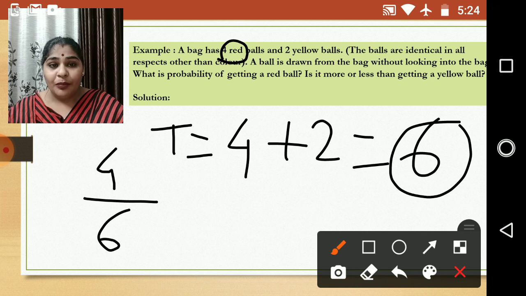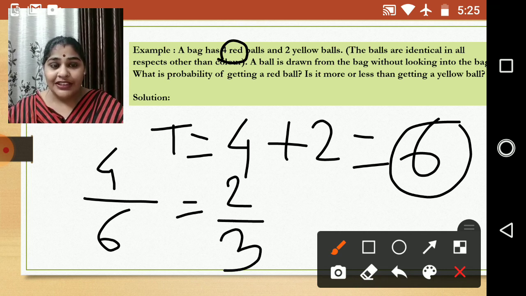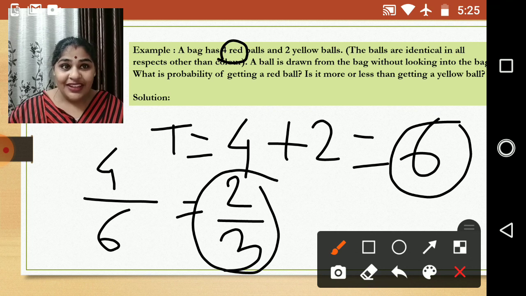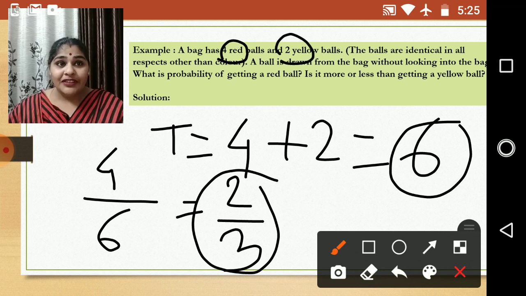So 4 upon 6, which is nothing but 2 upon 3 when we bring it into the lowest term. So this is the probability of getting a red ball. Okay, and is it more or less than the yellow ball? So what is the probability of getting a yellow ball? It is given there are 2 yellow balls. So what will be the probability?